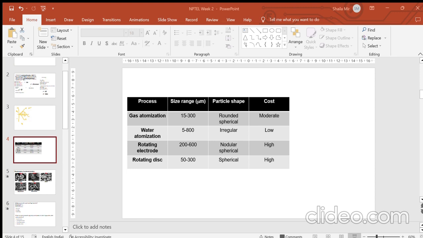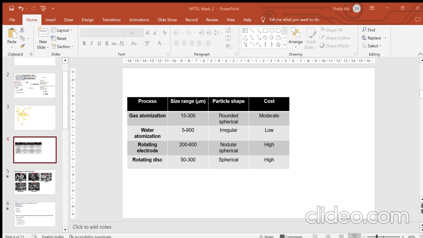It also depends on the reactivity of the powders. For example, if you have a reactive powder, it will react with water and can form oxide layers. If that is undesirable, you should go for gas atomization. So which type of atomization to use depends on the requirement of your particle shape, on the cost, and on the type of powders you are processing.